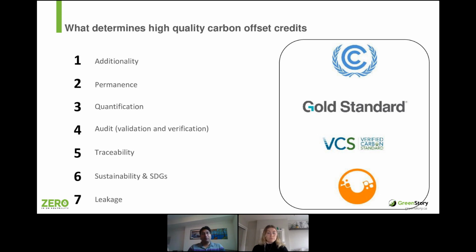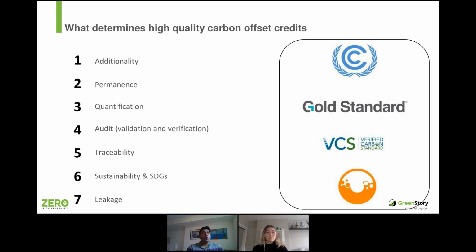And one of the major issues with projects which are removing carbon dioxide, for example, through reforestation or avoided deforestation, is that there's a risk of them not being permanent in case there is a fire in the forest, or activity gets started again, like clear cutting or land use change. In that case, they might not be permanent. So we need to ensure that all the emissions which are avoided or reduced are permanent.